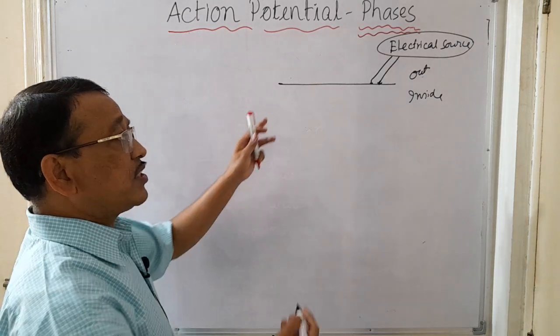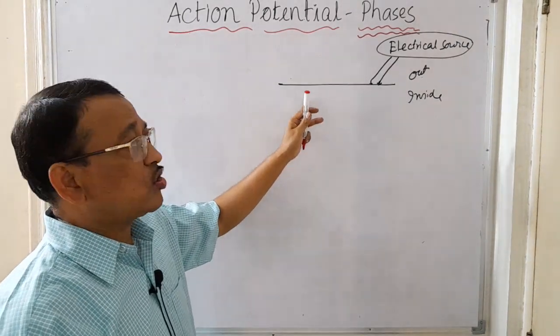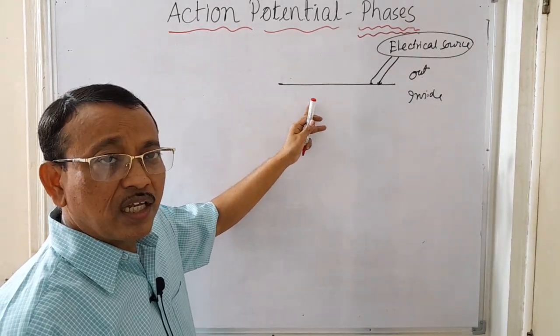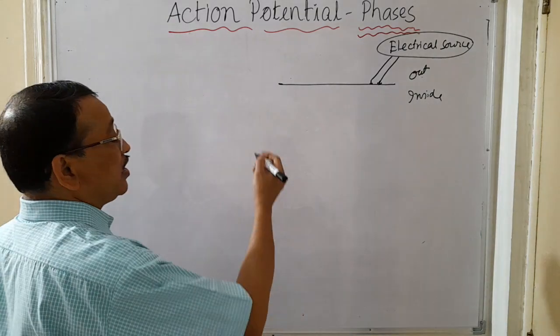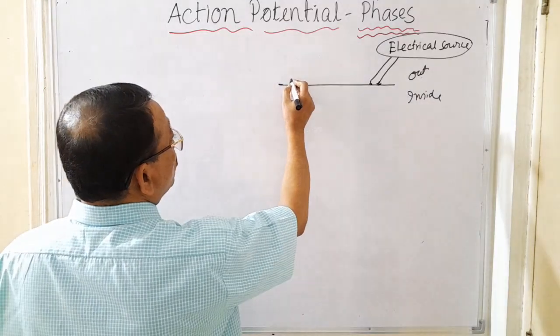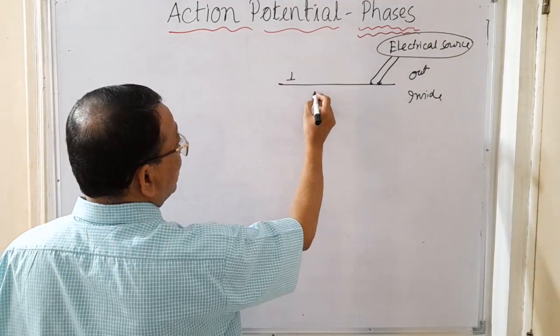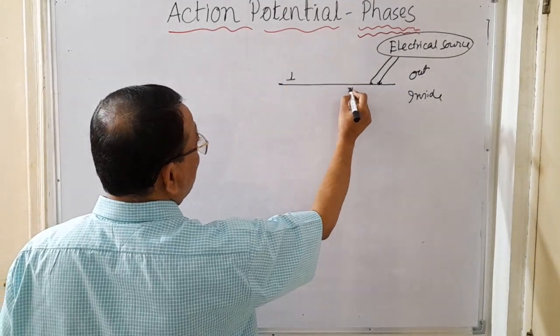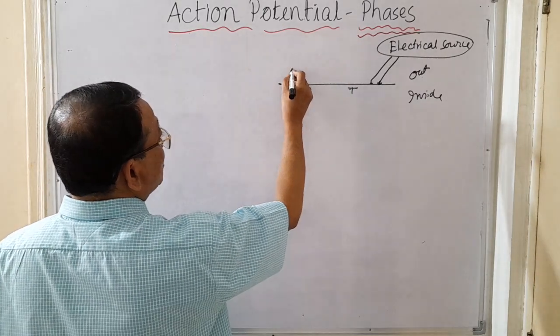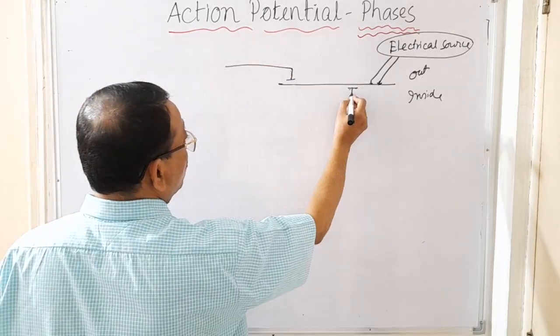And whatever changes are taking place on the membrane can be recorded by placing two electrodes, one on the outside and another on the inside of the membrane, and those are known as the recording electrodes.